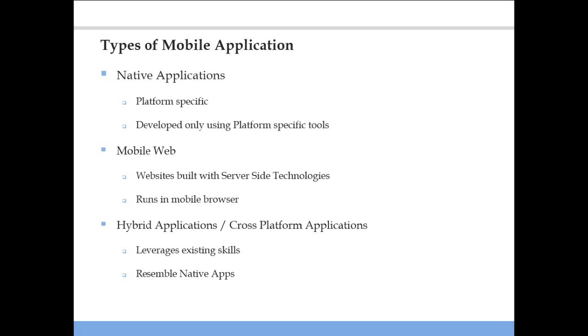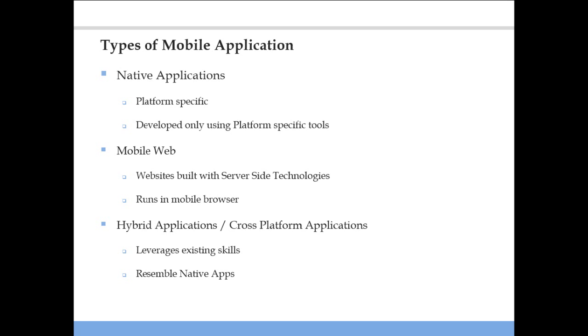Now, mobile web is more like running web applications in the browser. Before mobile applications, web applications were more popular, and you could use server-side technologies to build these websites.